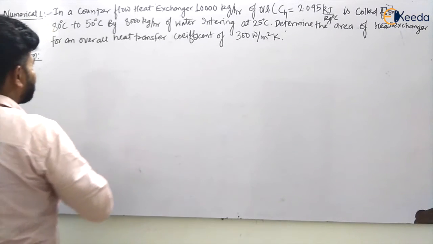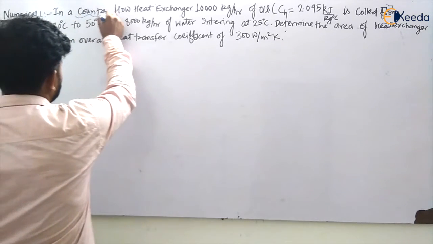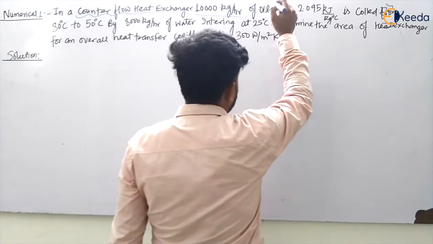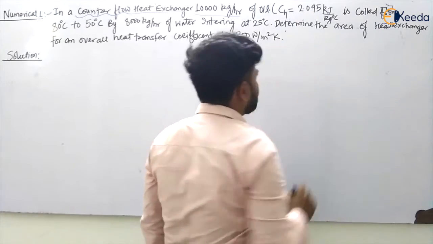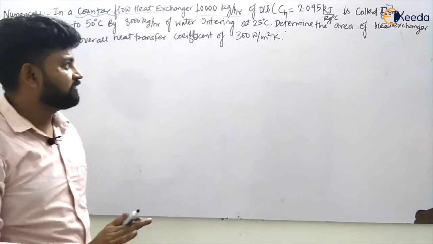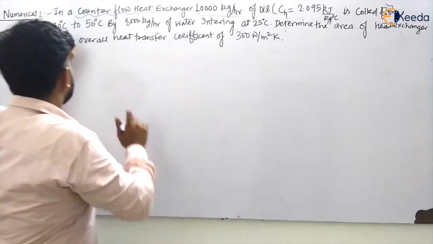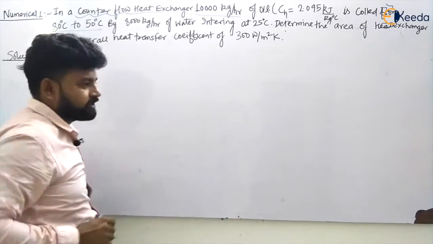In a counter flow heat exchanger, oh my god, he has given us a counter flow heat exchanger. 10,000 kg per hour of oil having specific heat 2.095 kilojoule per kg degree Celsius is cooled from 80 degrees to 50 degrees Celsius.